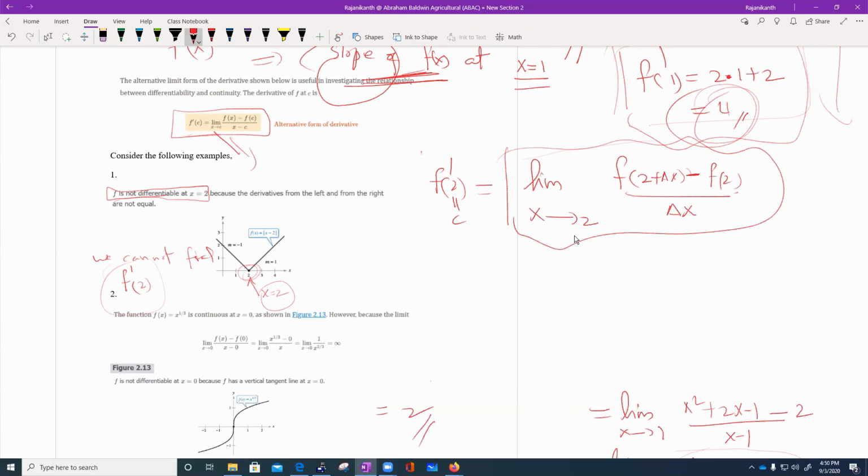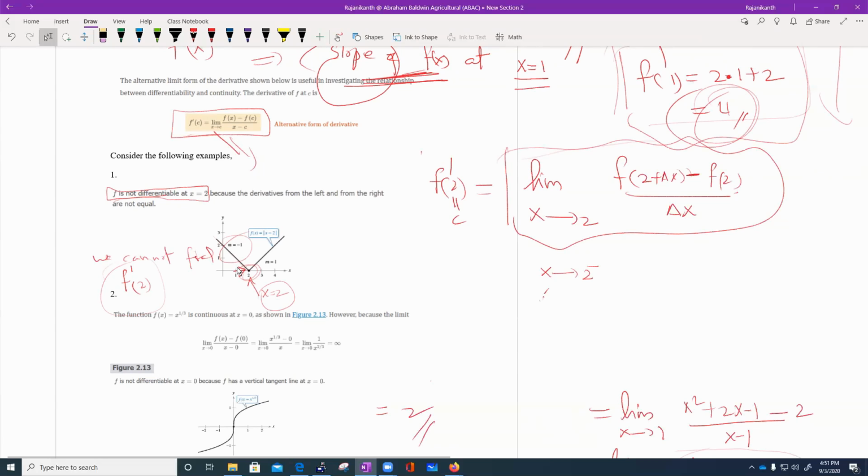right? So if you look at x approaching 2 from the left, what is the slope you will get? Look at the picture. The picture says that if you approach 2 from the left, your line slope is -1, right?